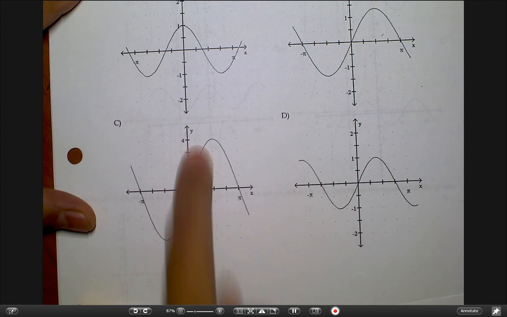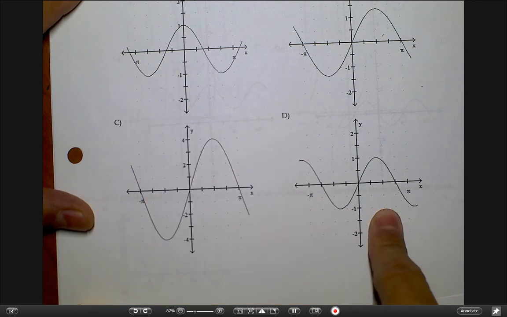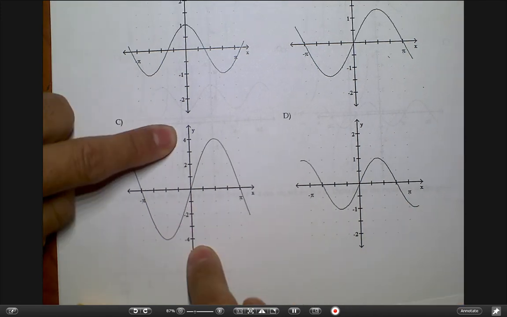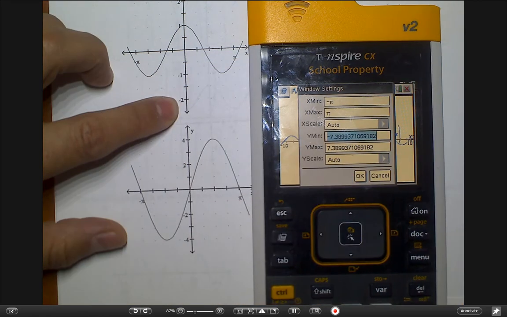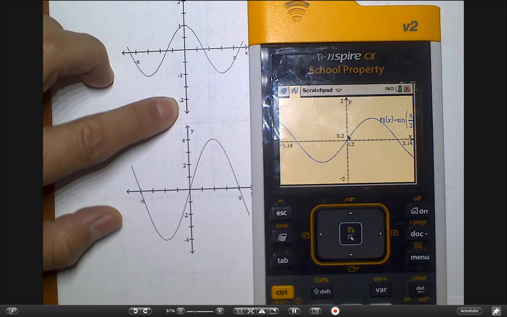This one's 4s. So I'm going to look at these ones right here. I'm going to go with the 2s, and if that doesn't work, I could change it to 4 to see if that fits. So I'm going to put from negative 2, positive 2, hit enter.